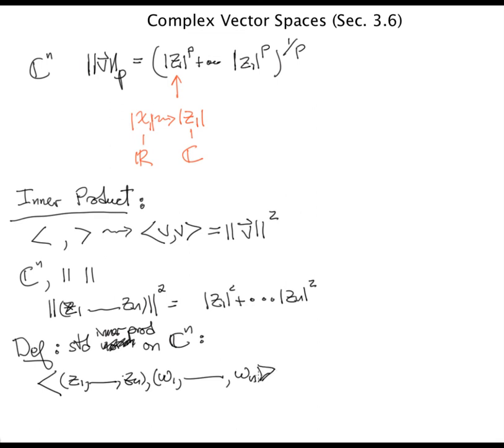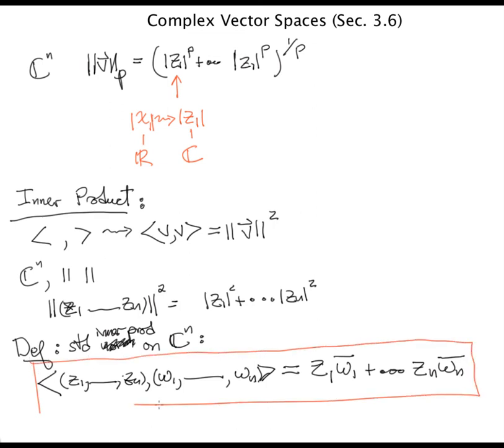You might think that you take zi wi, but you need to change that. What you take is z1 w1 bar plus dot dot dot plus zn wn bar. And the crucial thing here is that you're putting the complex conjugate on the second term here.